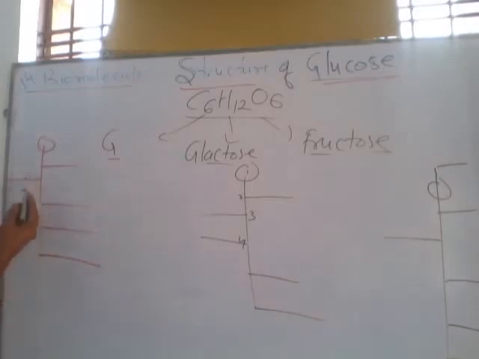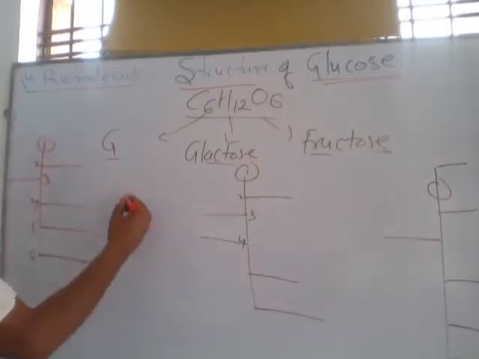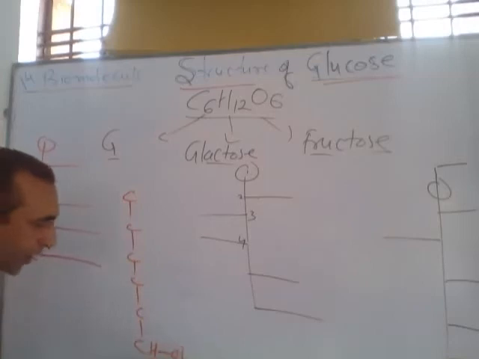The meaning of this is, there are 6 carbons in the chain, 1, 2, 3, 4, 5, 6. The meaning of this line is CHOH.